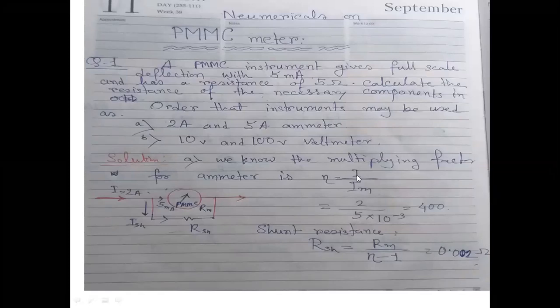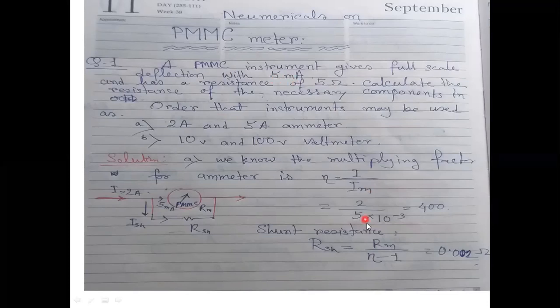So I is the main current. Look here, I am using annotate. Here I is 2 ampere, and Im is the full scale deflection current. Sorry, Im is 5 milliampere, not 5 ohm, which is the resistance. The full scale deflection current is 5 milliampere.